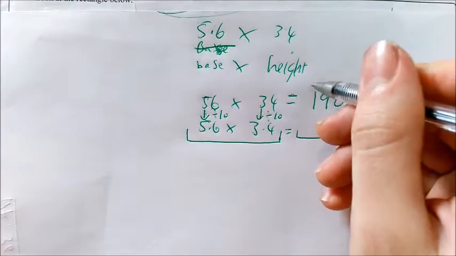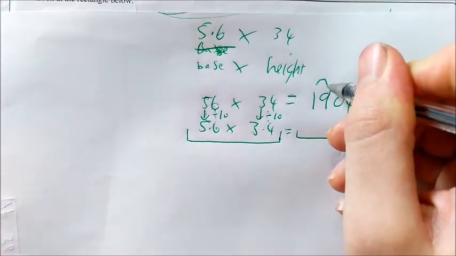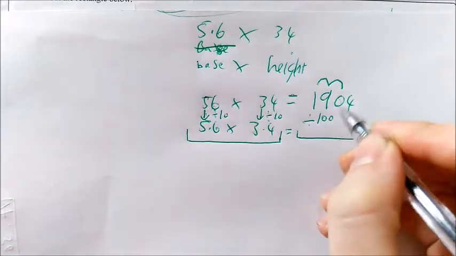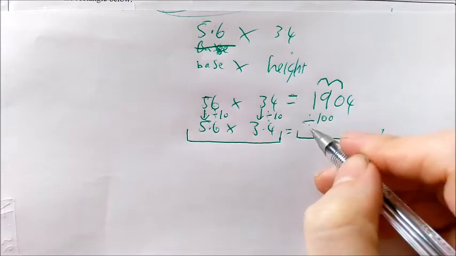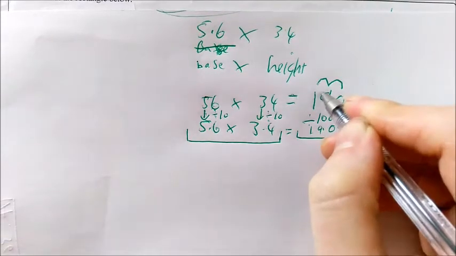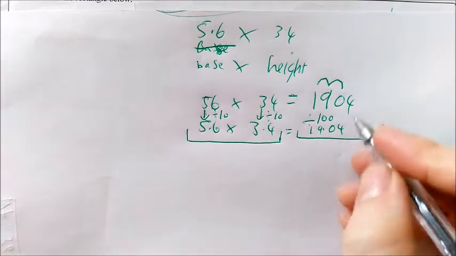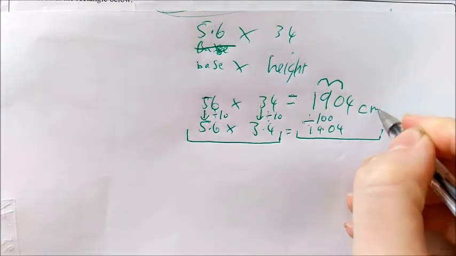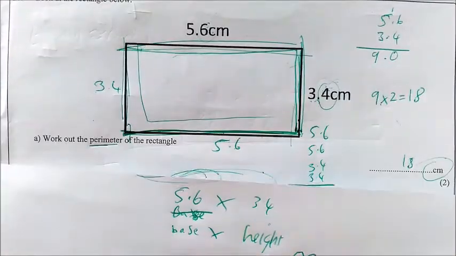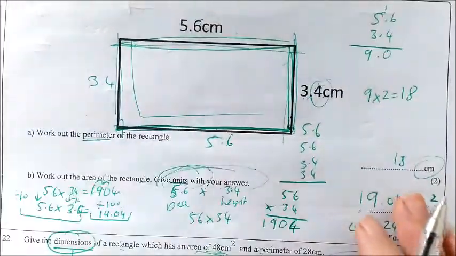So either I divide by 10 and 10 again, or move down twice, which is also the same as dividing by 100. So this would be 19.04 because I moved down twice. But it's not just 19.04, it's 19.04 centimeters squared because it's centimeters and it's area.